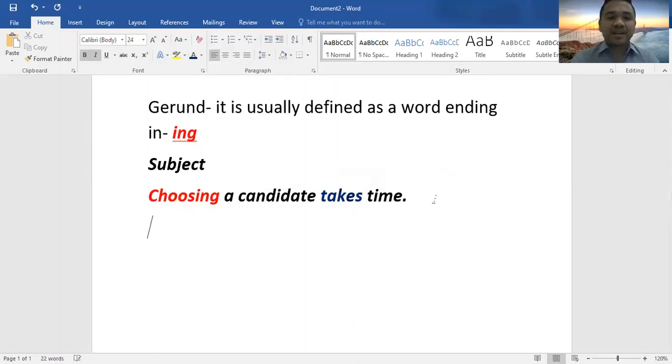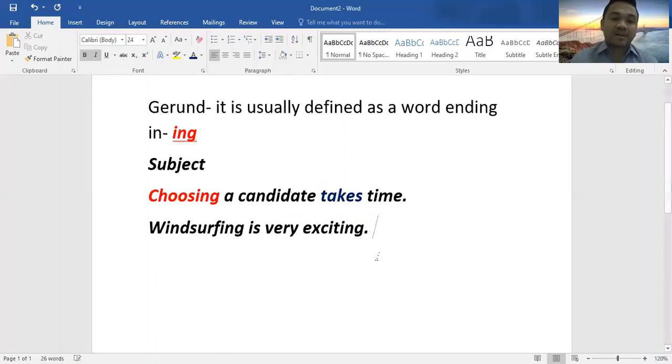Another example is windsurf, which is a verb, and adding ing to it, it becomes windsurfing. Windsurfing is very exciting. What is the gerund here?